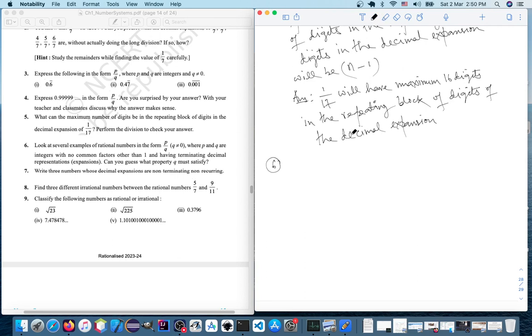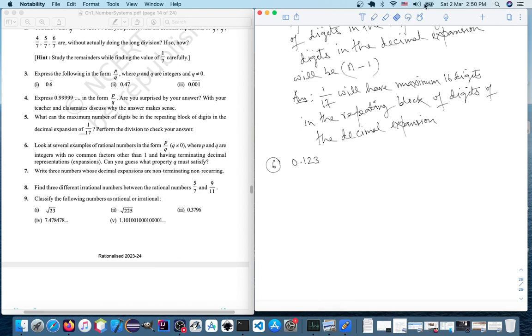So let's consider any random terminating decimal, let's say 0.123.